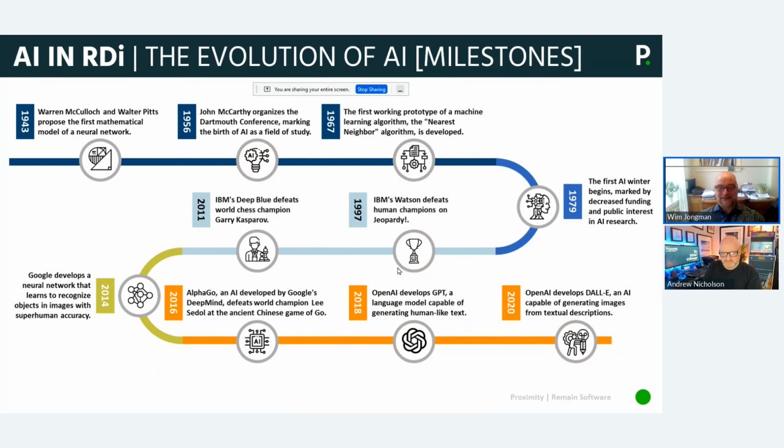But already in 1943, there was a mathematical proof of how you could build the foundations of an AI using a neural network. From then, people have been working on that, with 1956 already having a conference in Dartmouth, the first conference on AI as a field of study.